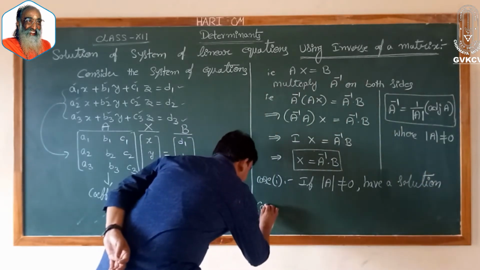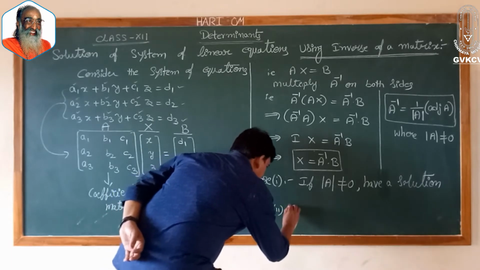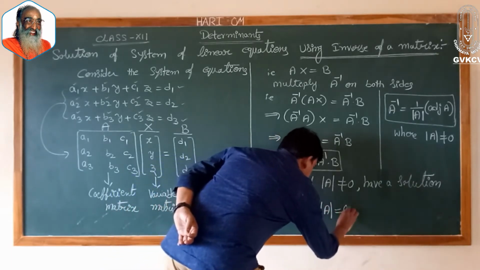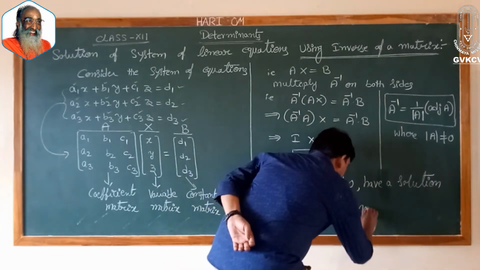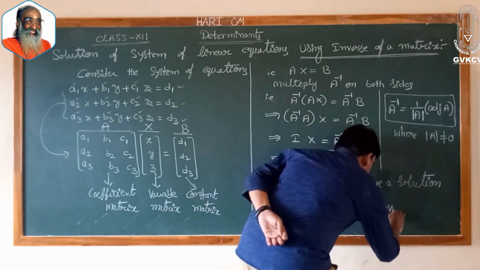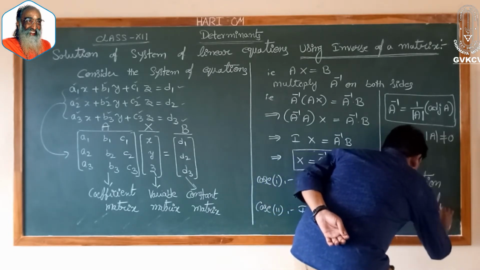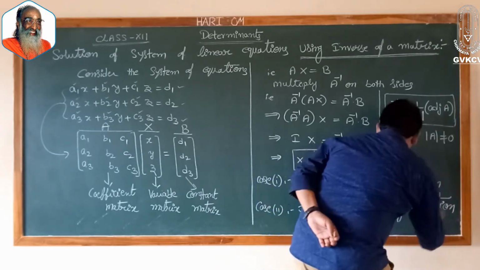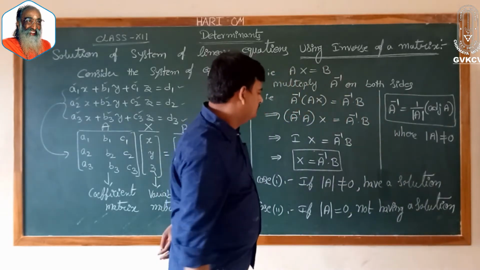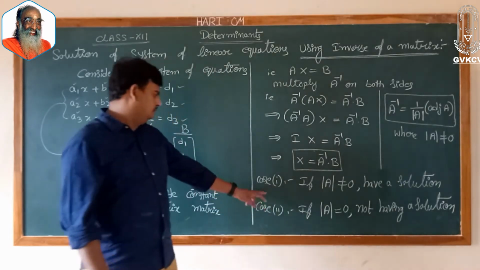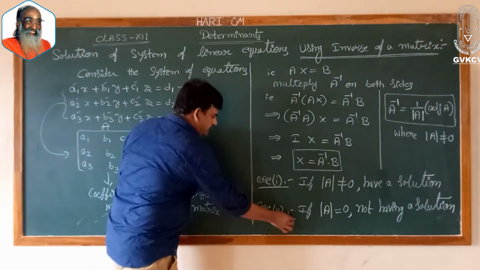Case 2, if determinant of A is equal to 0, not having a solution. So these are the two cases we have.